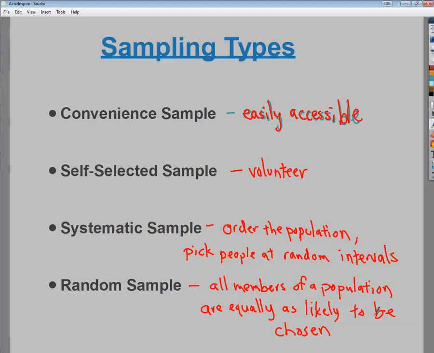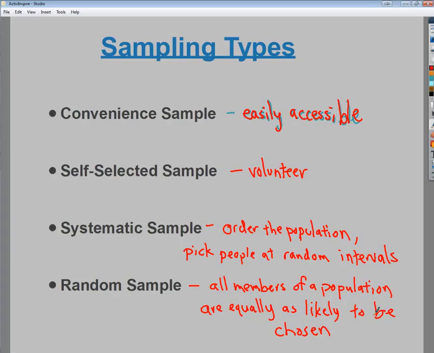Now, a countrywide sort of random sample is very unlikely. You're going to pick from certain things. I mean, you can't get everybody. But if we're in our school scenario, for instance, if you just put all the kids' names in, no matter what grade they're in, and you pick 50 of them out, and you shake it up each time and whatever, it's a random sample. So it's possible to do it if the population is small enough and make it legitimate.